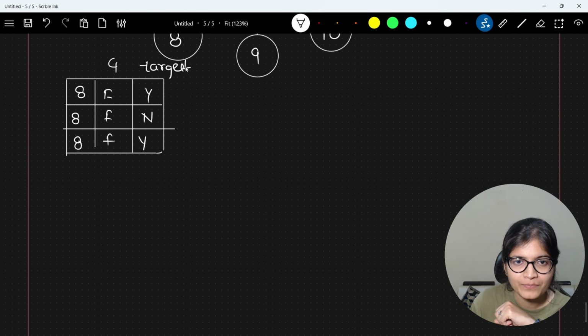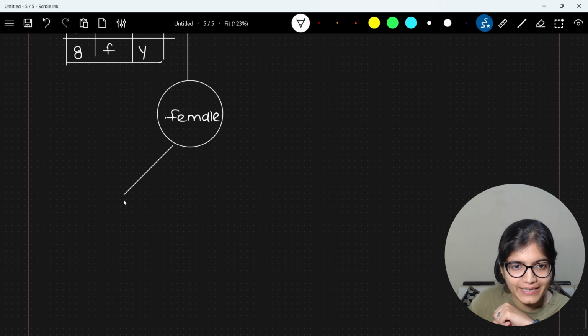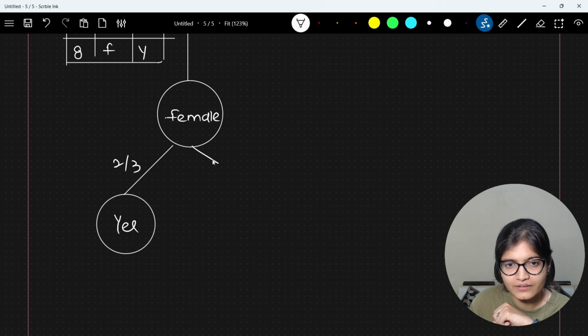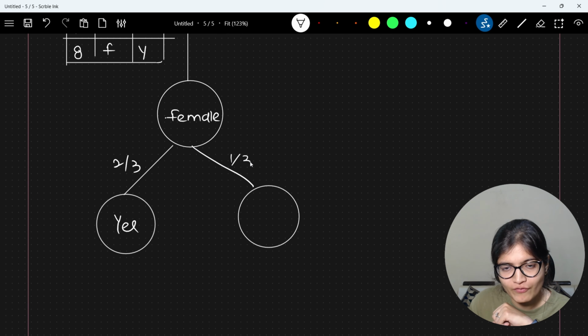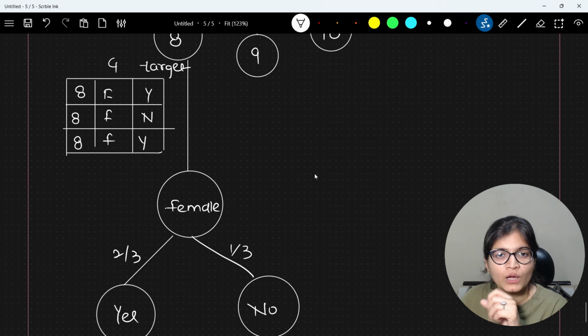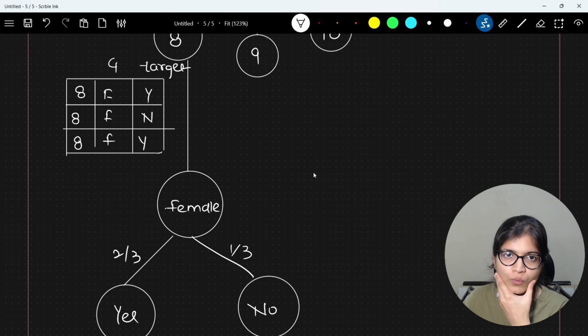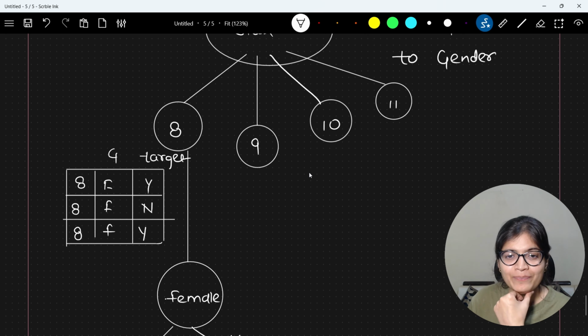So here what will happen? With respect to 8, we will be having only one gender column, which is female. And inside this female, there is a high probability of yes, which is 2 by 3, and a low probability of 1 by 3, which is no. This is how the complete structure will be formed, where at the very end, at the leaf node, you will be having either yes or no. The same thing you will do for 9, for 10, for 11.